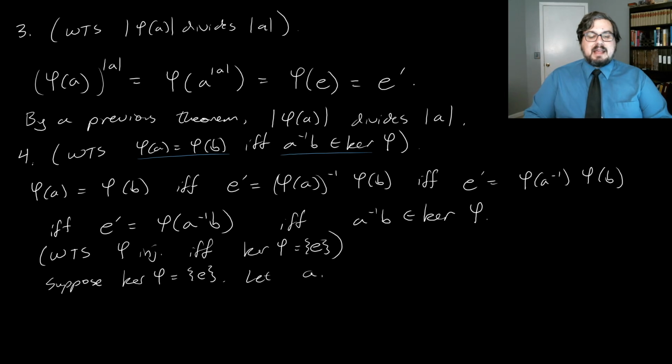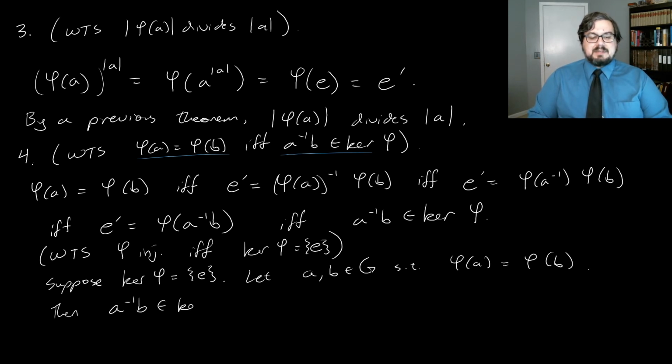And let's let A and B be in G such that phi of A equals phi of B. Well, then that means, by the first part of part 4, that A inverse B has to be in the kernel of phi. Now we've supposed that the kernel of phi only contains one element E.